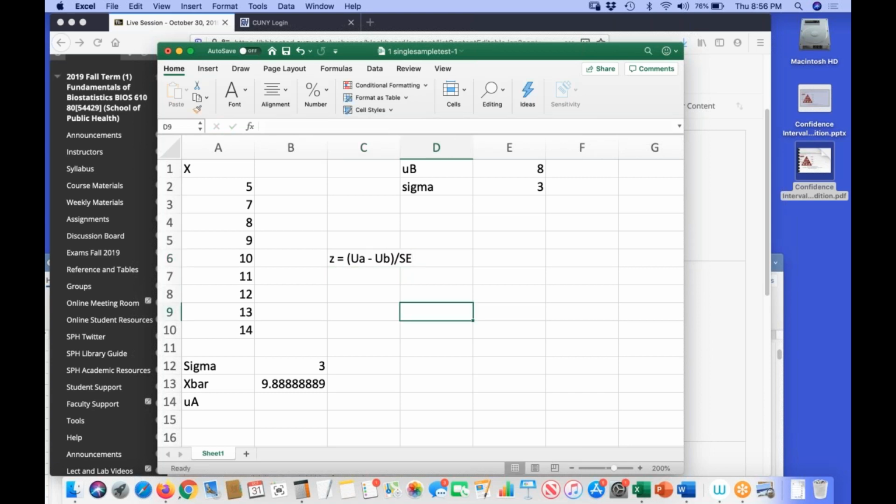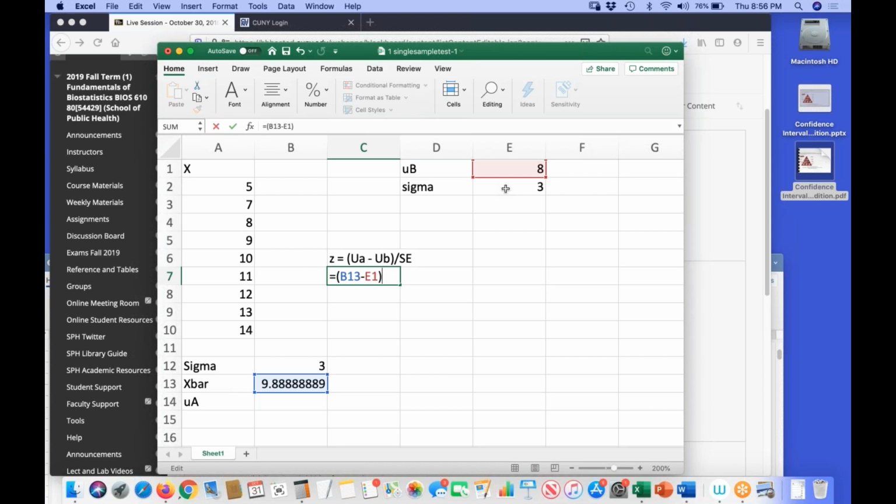Okay, so now the problem is I don't know the mean for group A, so I have to use X bar, right? So my Z-score is going to be equal to 9.8888 minus 8, and I'm going to put that in parentheses. And I'm going to divide that by the standard error.